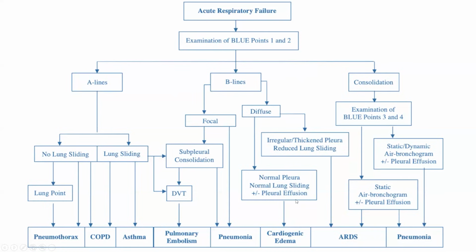You can see whether there is associated effusion present or not. In cases of C profile, if you can see air bronchogram, then we know there is pneumonia. And if we cannot see an air bronchogram, then it still can be pneumonia or some other causes of consolidation like atelectasis going on.